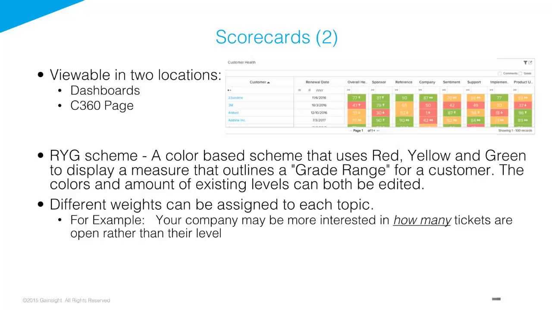From an administrative perspective, you can apply different weights to each measure as well. For example, perhaps you're interested within a measure group of how many tickets were created from support, and you could weight that accordingly.